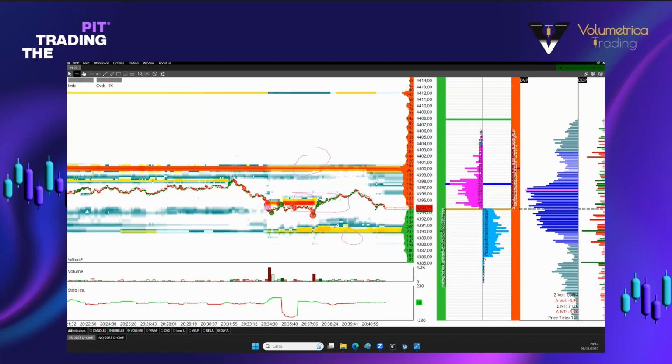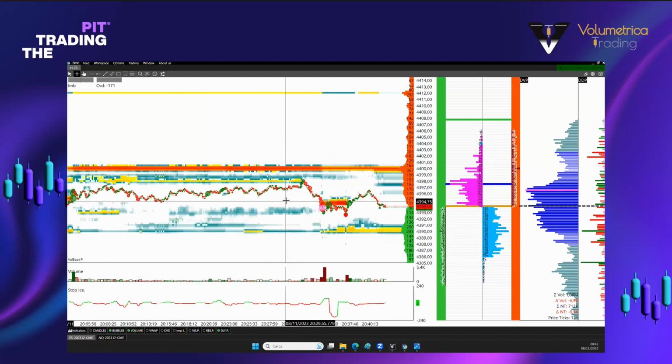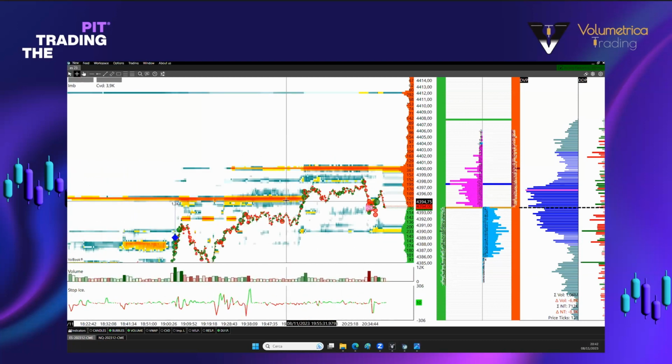So in terms of order flow analysis, the best assessment we can do of specific price areas, looking at liquidity pools and other order flow analysis, is always looking at the interaction between market orders and passive orders.